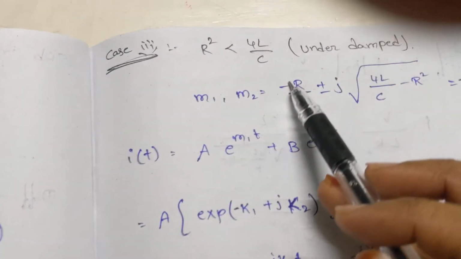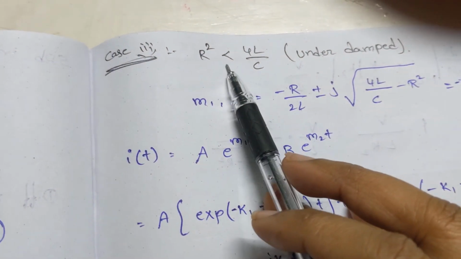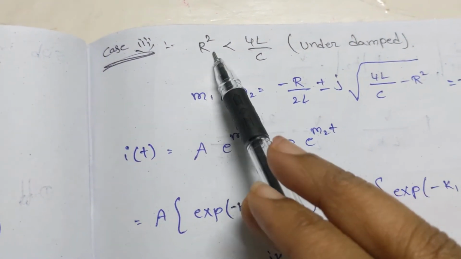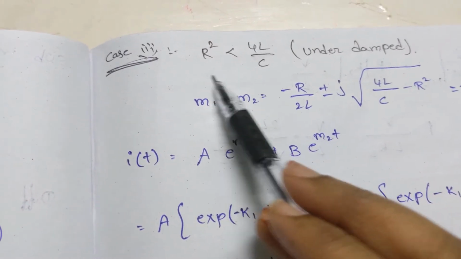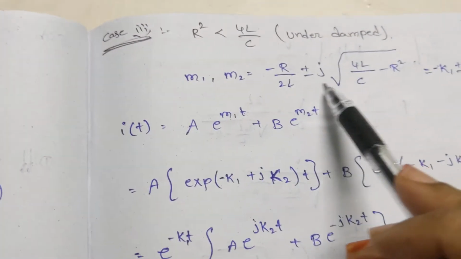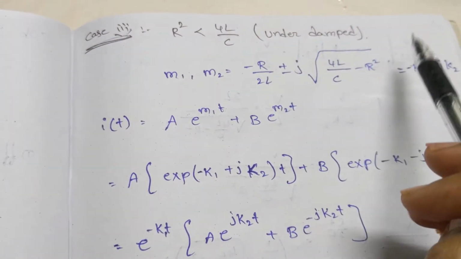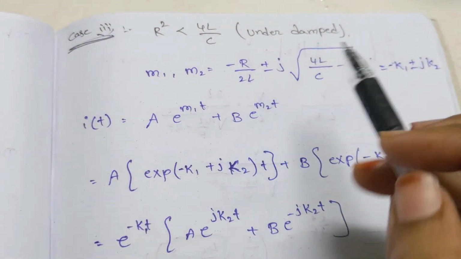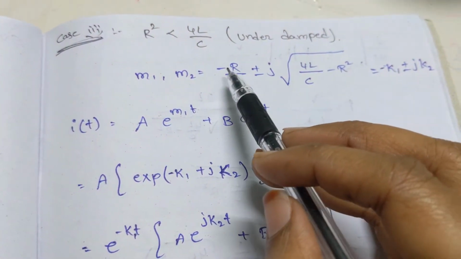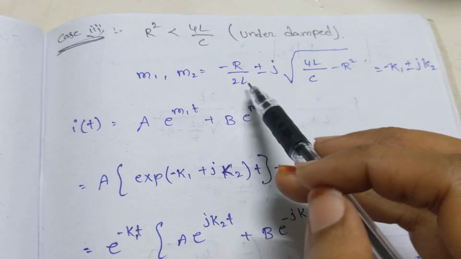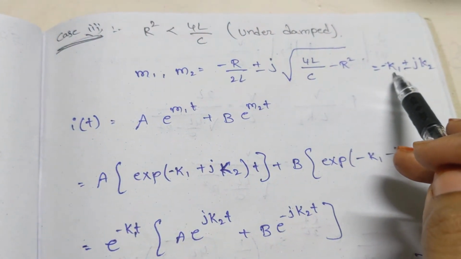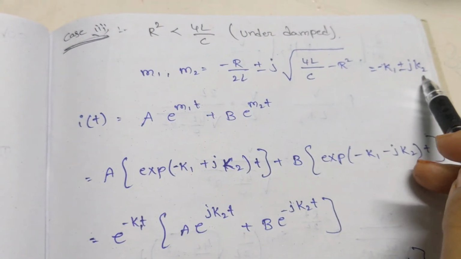Now in case number 3, we are going further. R square is less than 4L by C, so we have imaginary roots. For ease of calculation, instead of writing every time minus R divided by 2L, we simply replace it with k1 and k2 terms.